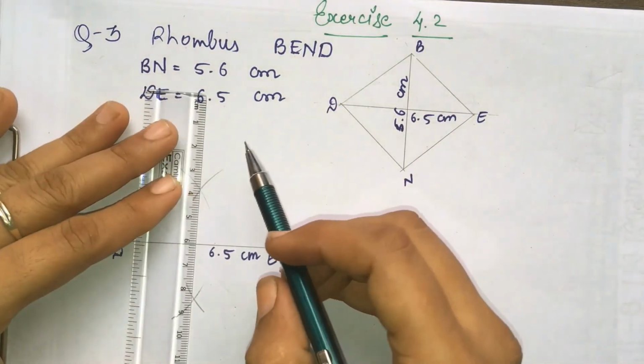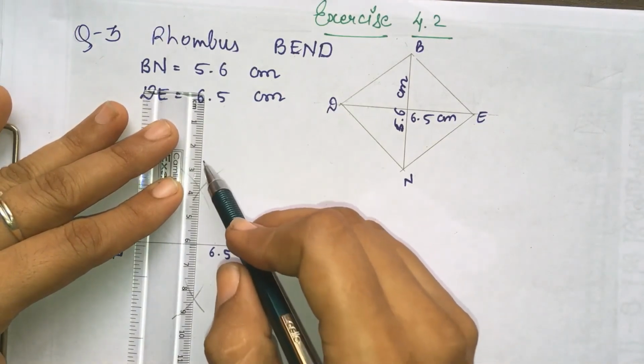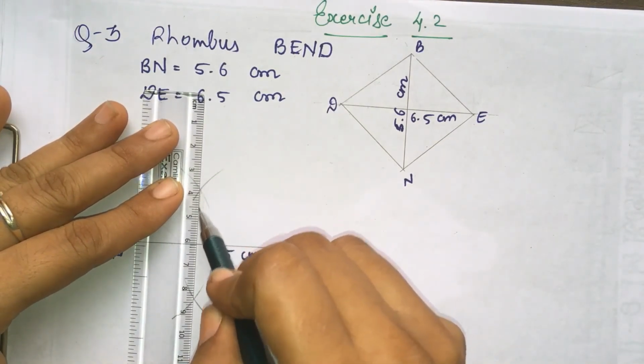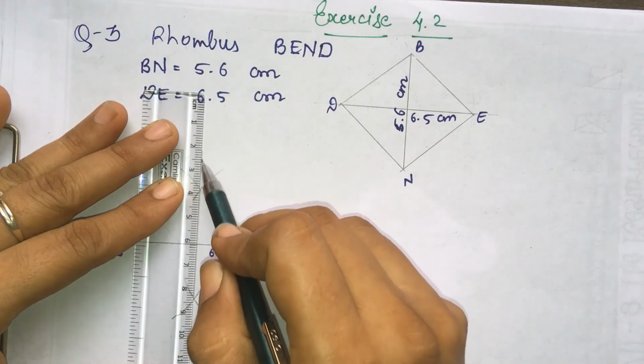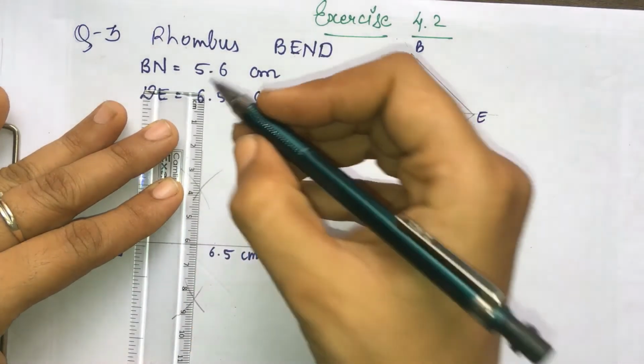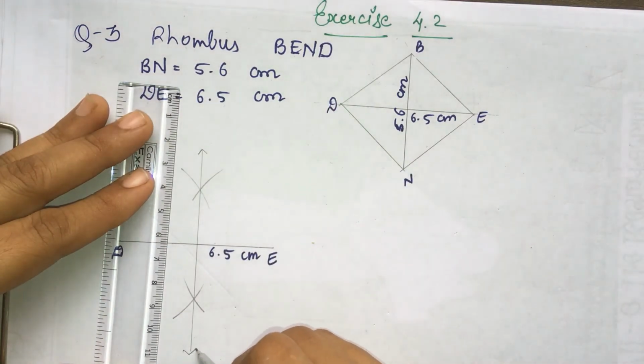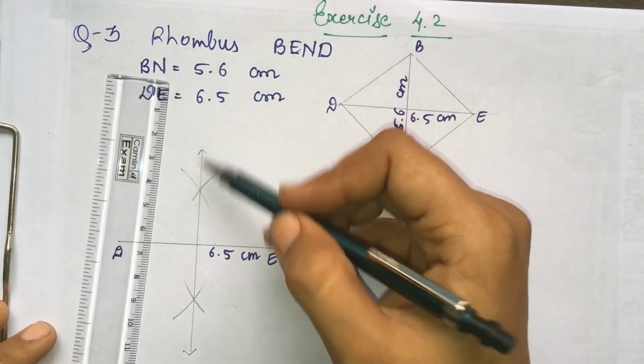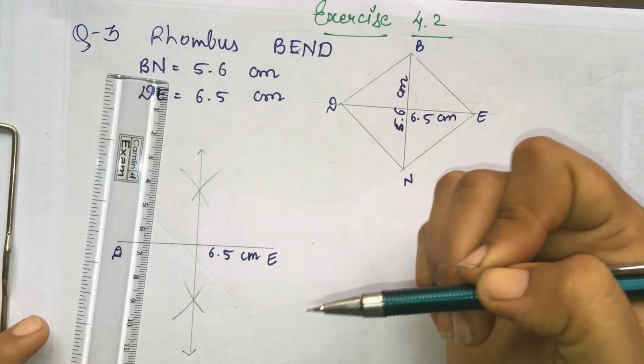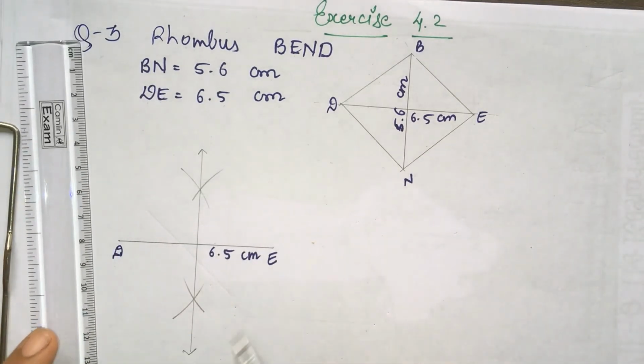Now I will join these 2 points and I will extend this line. So this is our perpendicular line to DE.